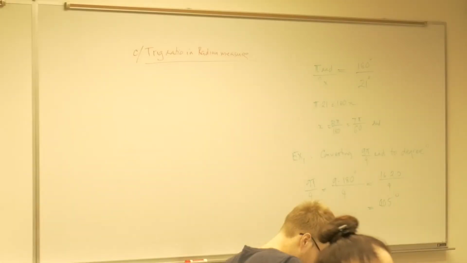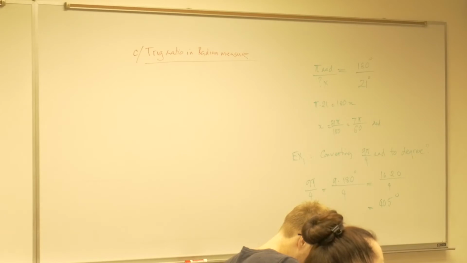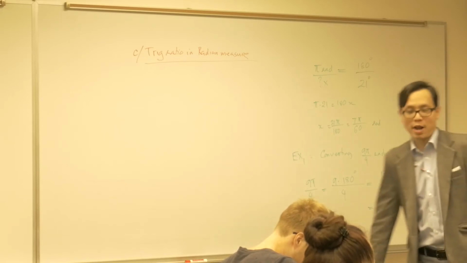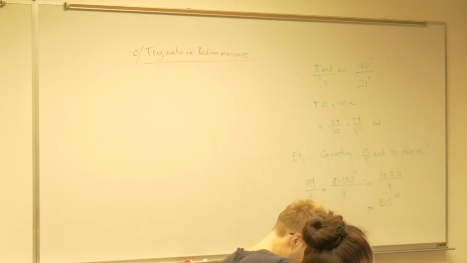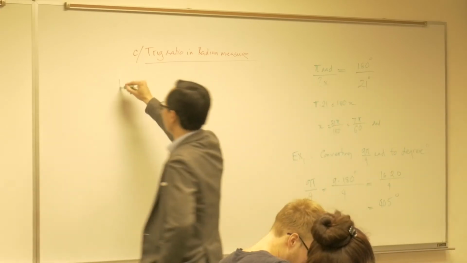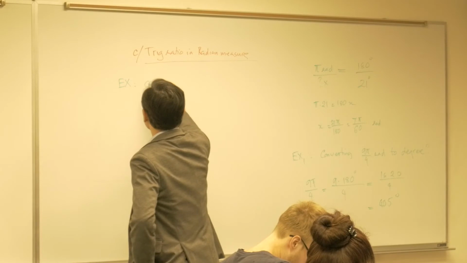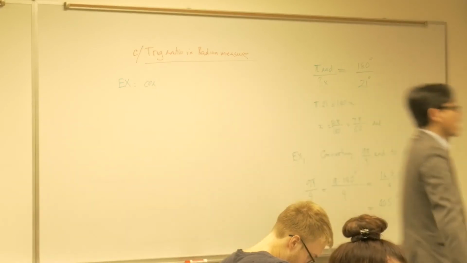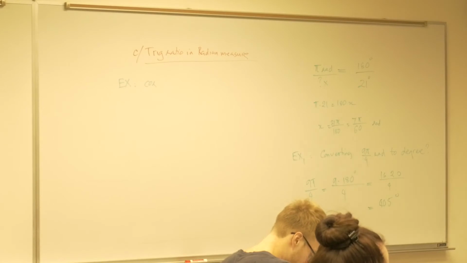I want to evaluate, for example, cosine of pi over 3 pi over 2, something like that. Of course, for the special angle, you can get the answer right away using the table. For example, cosine of 30 degree, which is cosine of what? 30 degree is pi over 6.